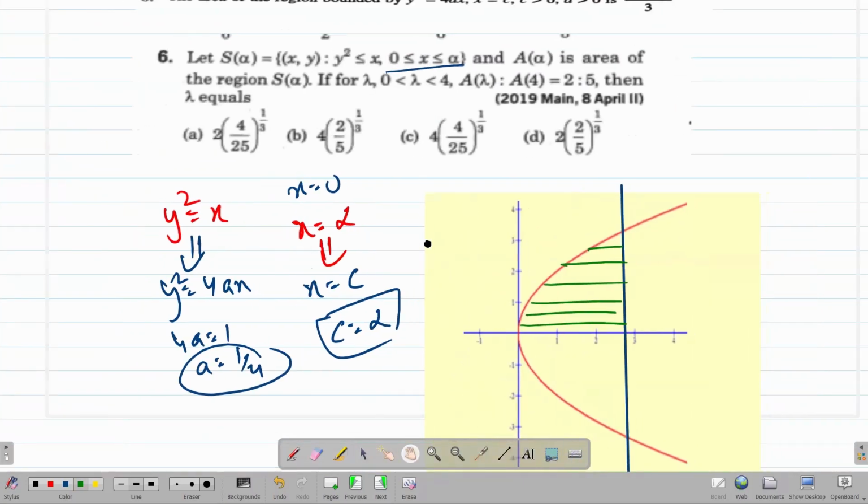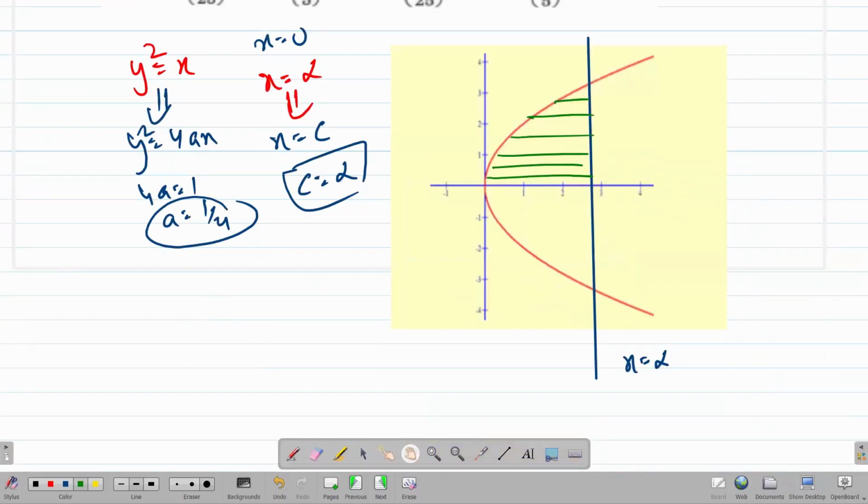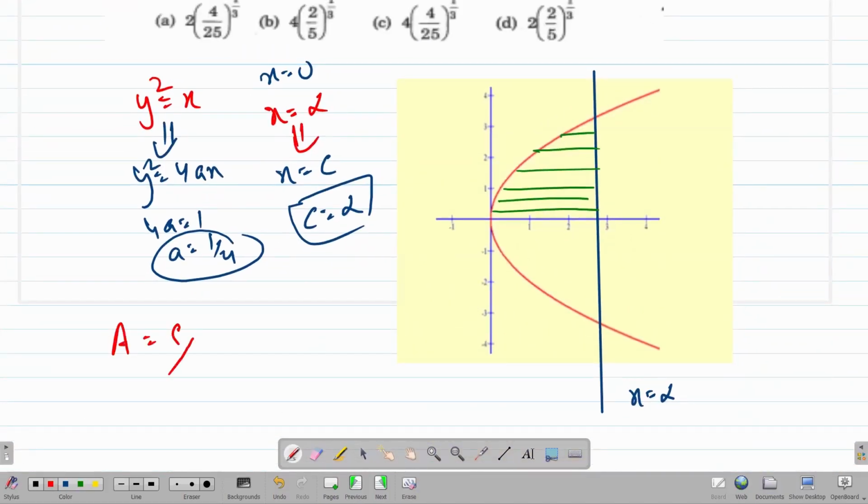Now, according to our formula, the area is 8 by 3 c root of ac. So in place of c, I substitute alpha, and in place of a, I substitute 1 by 4.